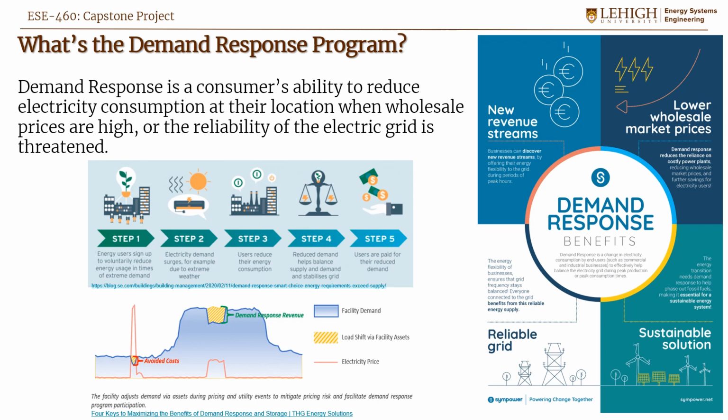The third step, participants actively reduce their energy consumption during their peak load. The fourth step, the collective reduction in demand helps balance supply and demand, stabilizing the grid. The last step, the participants are compensated for their curtailment by reducing the peak demand during the event.